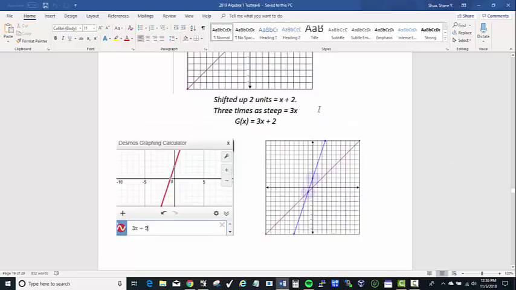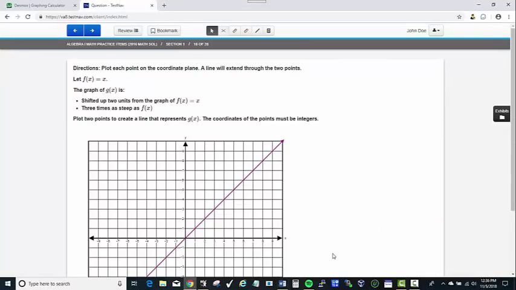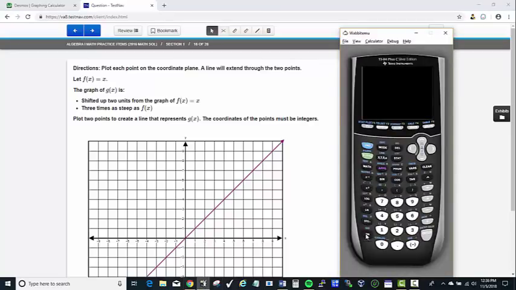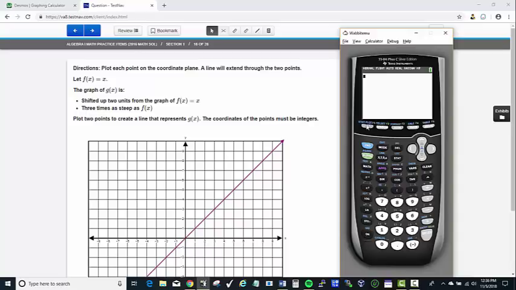So why don't I do this then? Since you're looking for integers, I will use the other calculator, the TI-84. And then I will graph 3x plus 2. Now, if I want integer points, I would simply hit second graph.